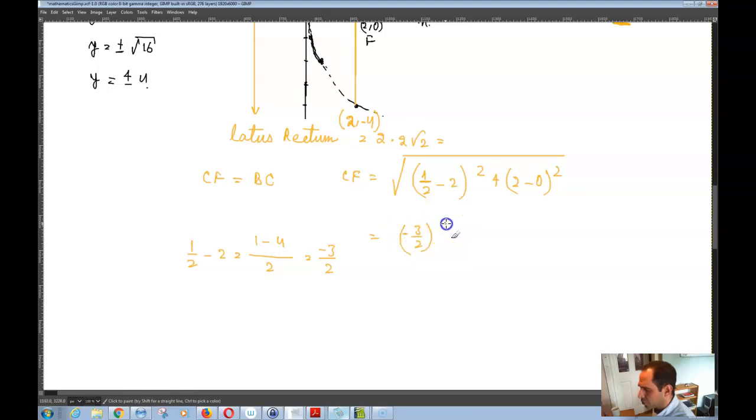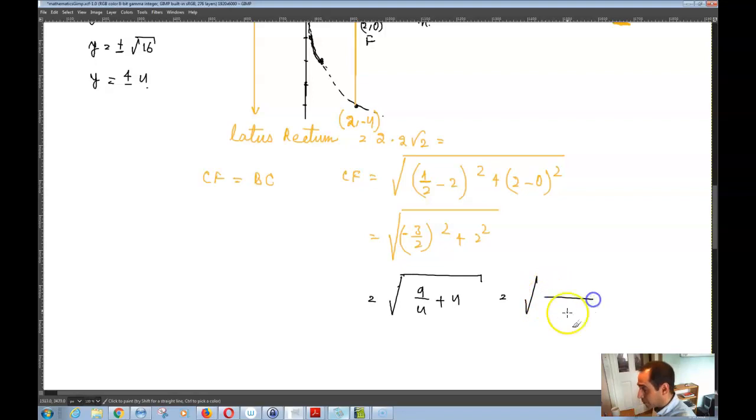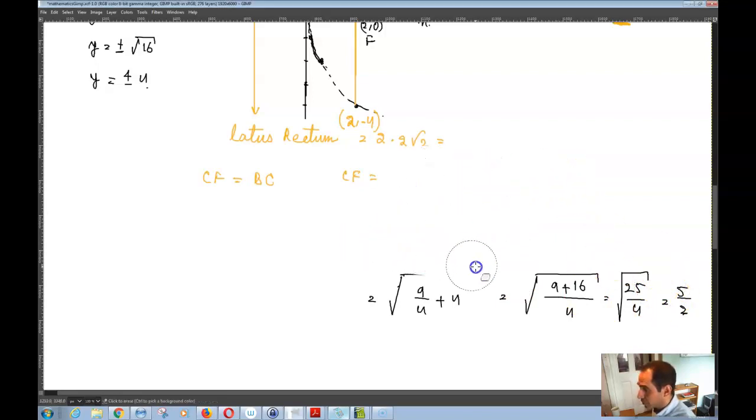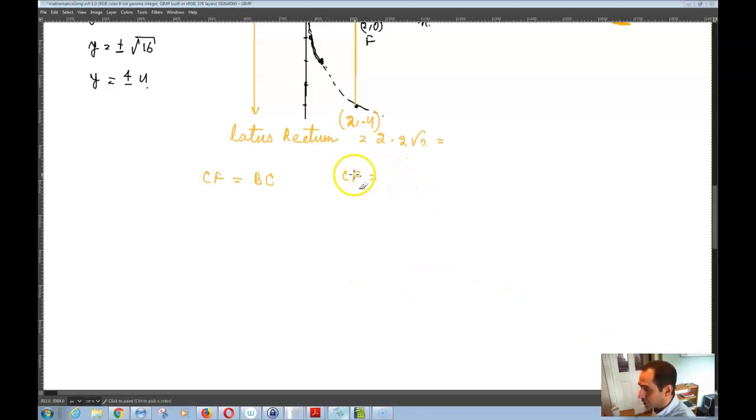Negative 3/2 whole squared plus 2 squared, and then you have the square root of 9/4 plus 4, that is the square root of (9 plus 16)/4, the square root of 25/4, which is equal to 5/2. So your CF is equal to 5/2 units.